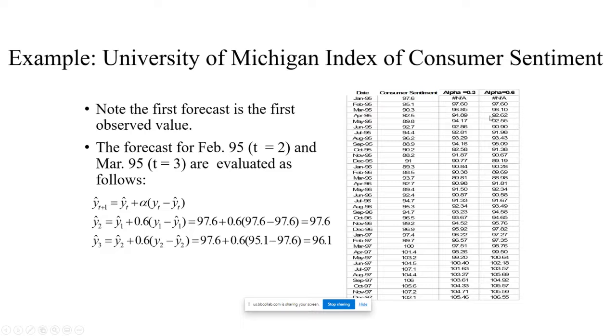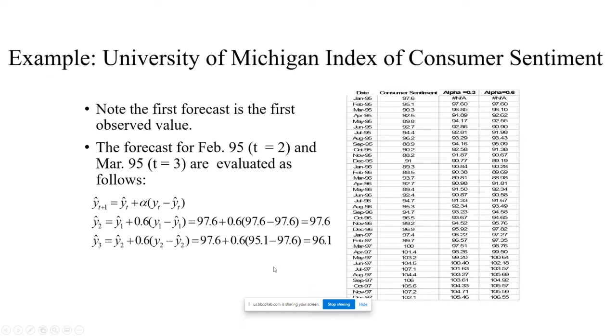Now, what about the third period when the alpha is equal to 0.6? Here we have the actual of 95.1 and the forecast of 97.6.